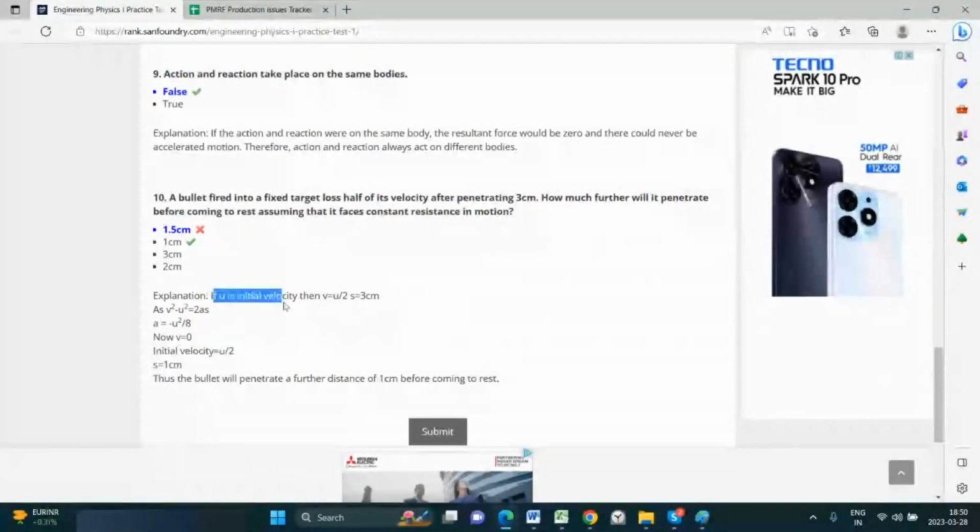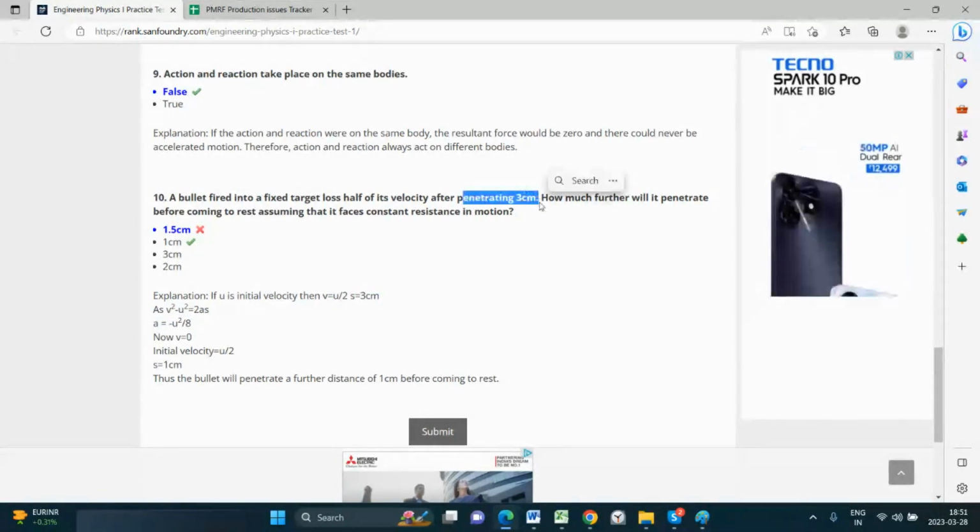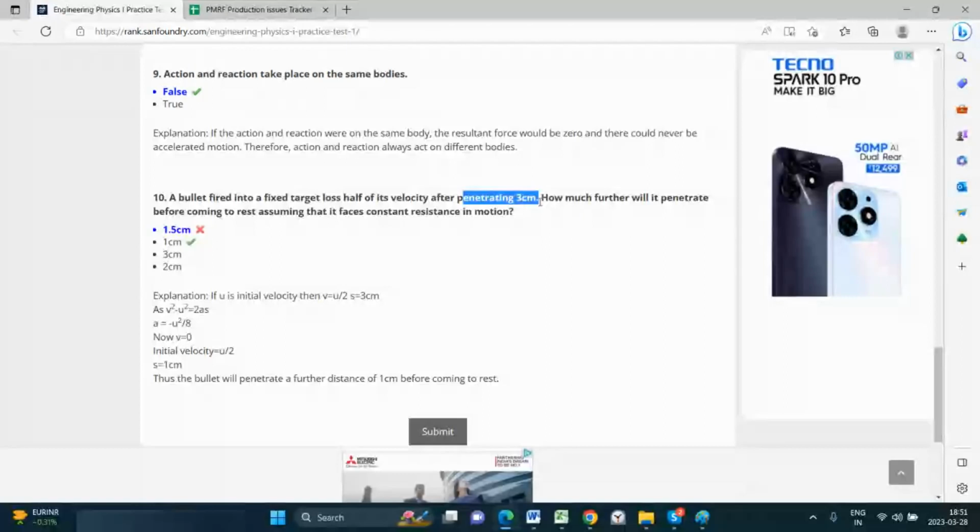U is the initial velocity, then V, the final velocity, is U by 2. அப்போ ஸ்பீட் என்ன ஆகுது, 3 சென்டிமீட்டரா மாறிடுறது. ஸோ நமக்கு கொடுத்த S வந்து 3ன்னு நமக்கு தெரிஞ்சு போச்சு.